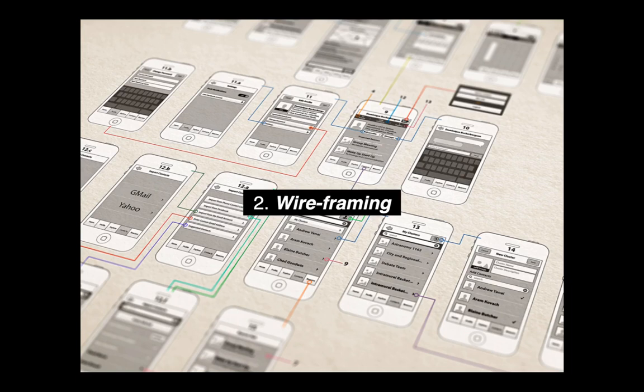As you can see on the image, there are these red, blue, green, and orange lines that connect certain screens with certain elements. So if I tap on the back button from screen B, it will take me back to screen A. And you indicate that on paper or in your designs.